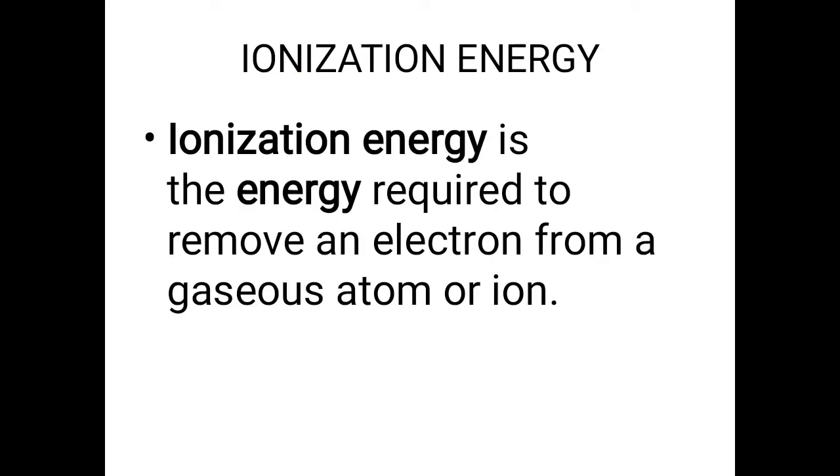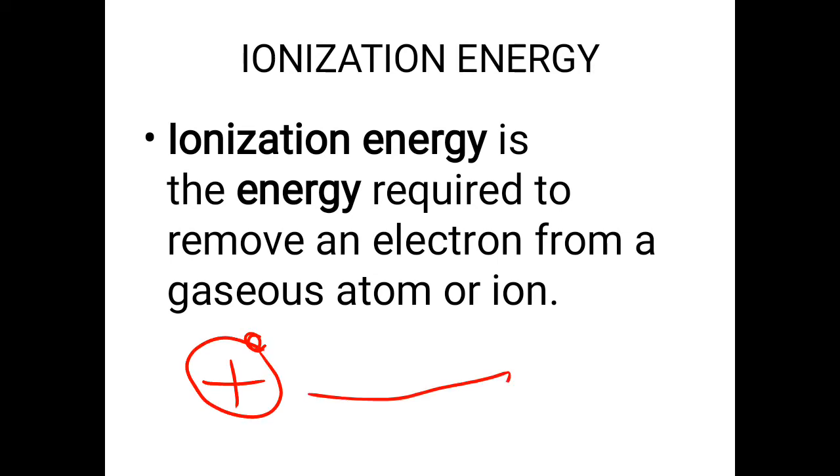The next property is ionization energy. In very simple words, ionization energy is the energy required to remove an electron from a gaseous atom or ion. So here we are trying to understand what is going on at the atomic level. Like this is an atom having electrons in its orbits and protons in its nucleus.